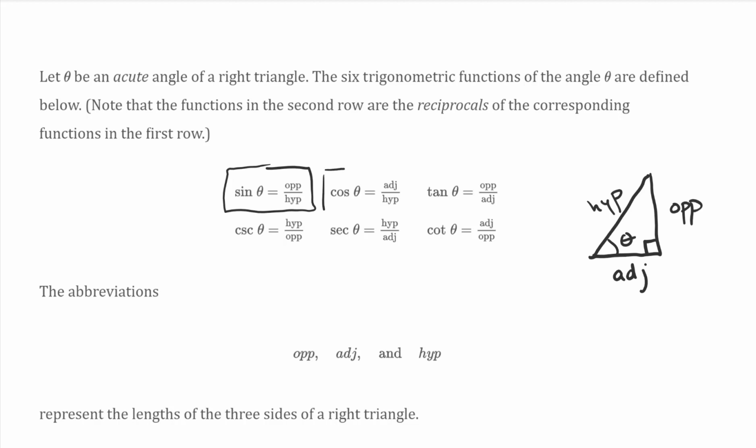For cosine of the angle, the angle is inside cosine, and it can tell you what the ratio might be of the adjacent to the hypotenuse. And then our tangent will be the opposite over the adjacent.